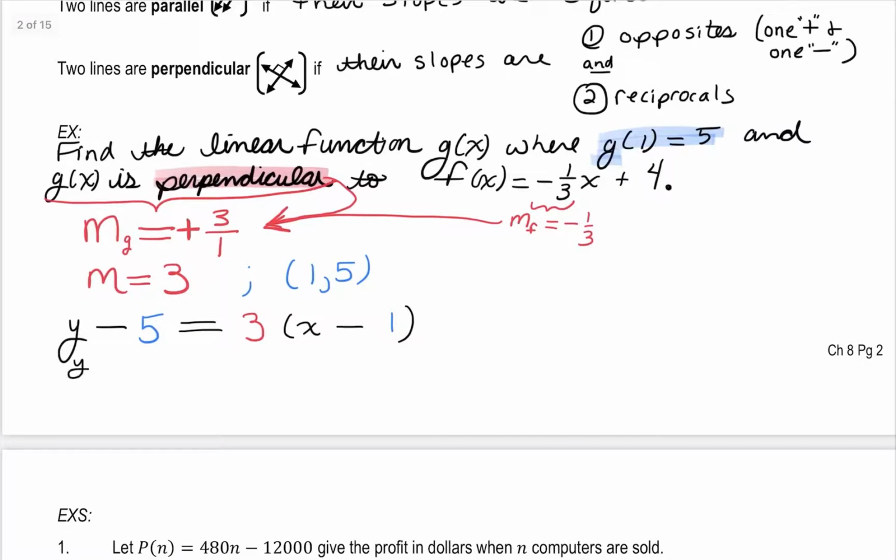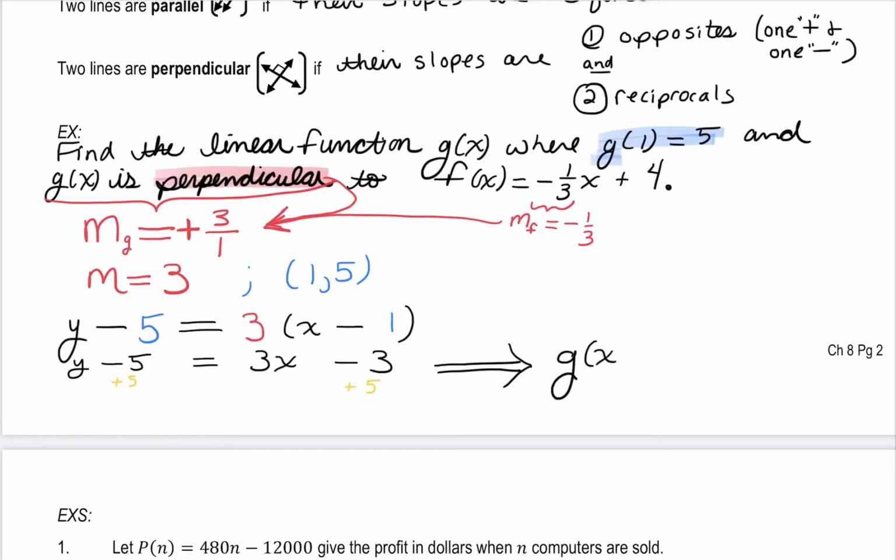And so, distributing through the 3, we would have 3x minus 3, and then our last step here is we would add 5 to both sides, and then we want to make sure that we go back to, this was find a linear function g of x.